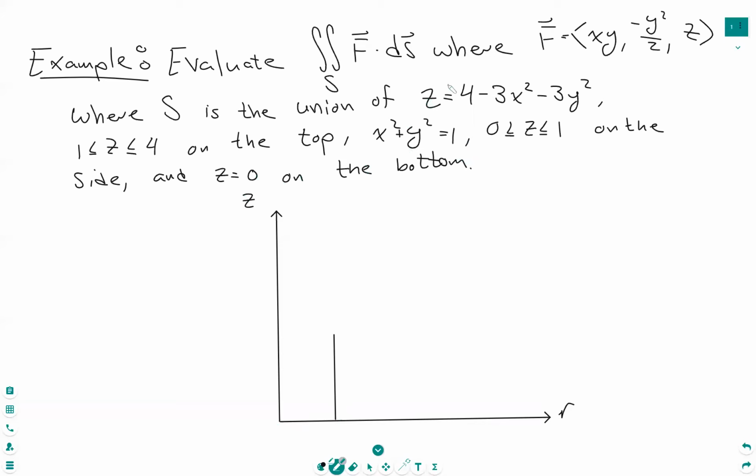And then we have Z is equal to 4 minus 3R squared, because we can simplify this X squared and Y squared. And it ends up hitting up here at 4, and then here at 1. And it's a paraboloid that comes down like that.